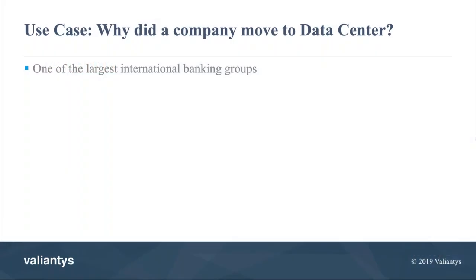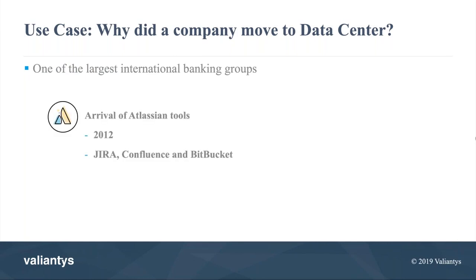And then in terms of use cases, we have a couple of use cases here that we just wanted to generally go over for some of our customers and Atlassian's customers. So of course, we can think about banking and how certain customers have very large teams. We actually introduced Atlassian tools, for one of our customers, Jira, Confluence, and Bitbucket, in 2012.